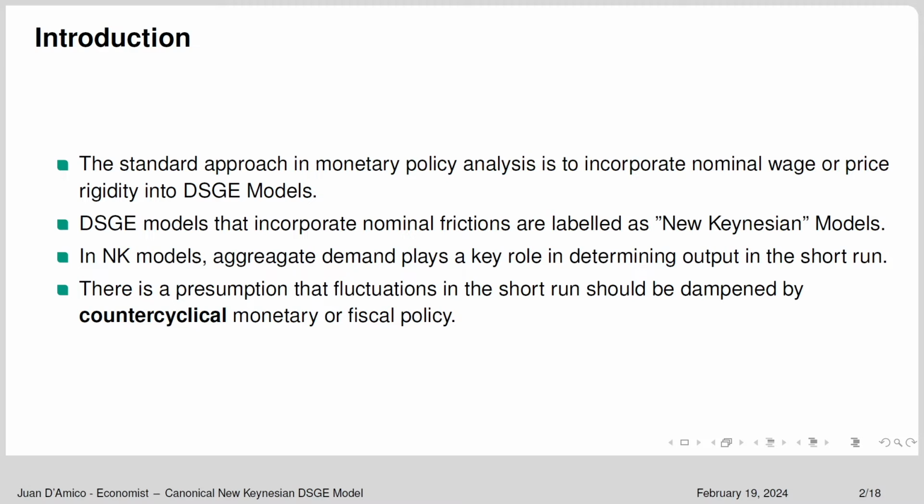DSGE models which incorporate frictions are then labeled as new Keynesian. In new Keynesian models, of course, aggregate demand plays a key role in determining output in the short run. There is a presumption that fluctuations in the short run should be dampened by counter-cyclical monetary or fiscal policy.